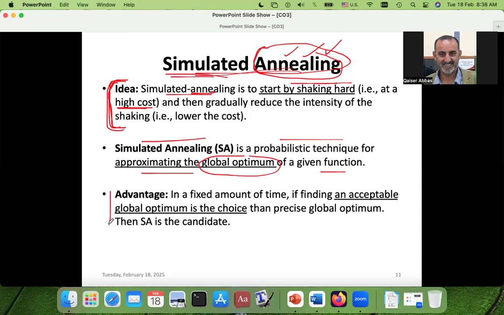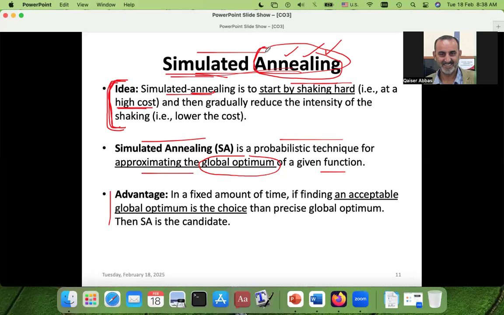There is one advantage of it. What is that? Normally, simulated annealing is an algorithm that, if you give it proper time, will finally give you the global maximum or global optimum. But if you do not give this algorithm the proper full time, it will give you the second highest global maximum, or the third highest.